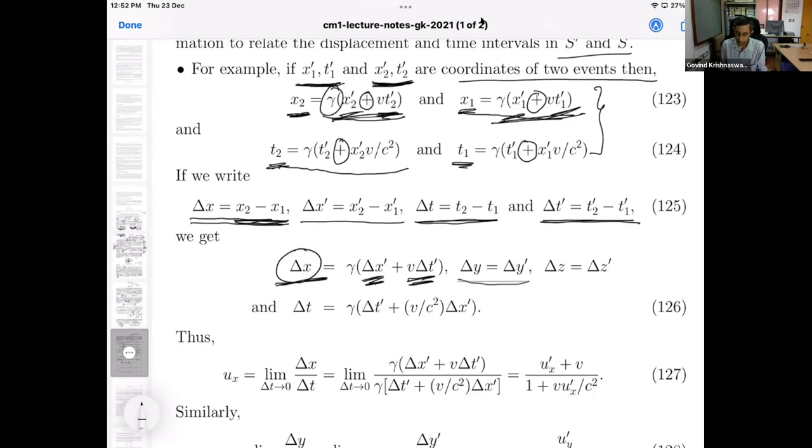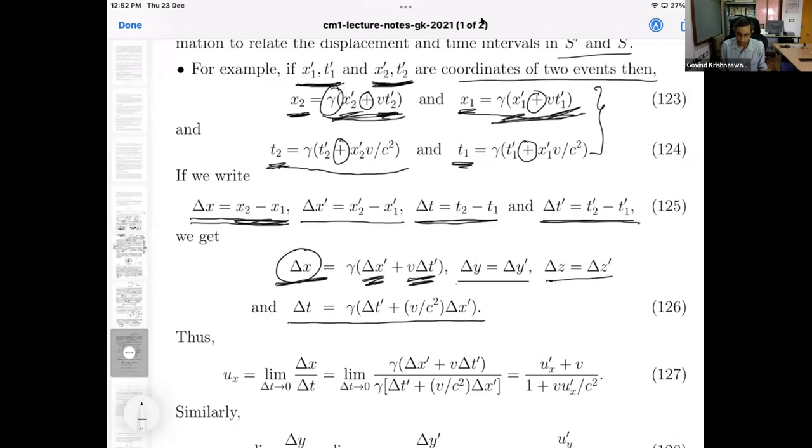The delta y is unchanged. So delta y is equal to delta y prime and delta z is equal to delta z prime, because the two frames are in uniform motion only in the x direction relative to each other. But importantly, delta t is non-trivial.